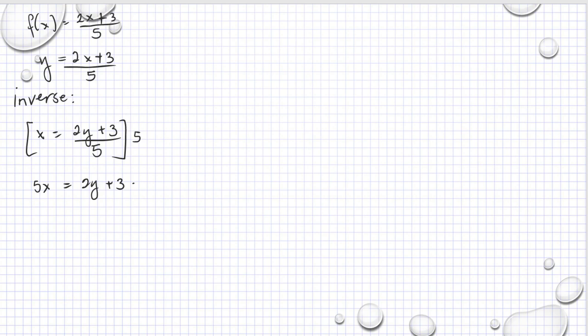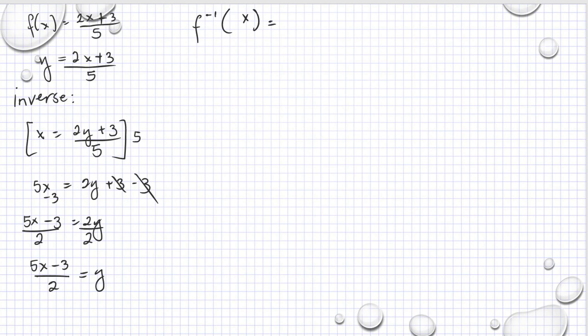And then we subtract 3 from both sides of the equation. Then we have 5x minus 3 is equal to 2y. Then we divide by 2. Then we have 5x minus 3 divided by 2. That is our inverse function.